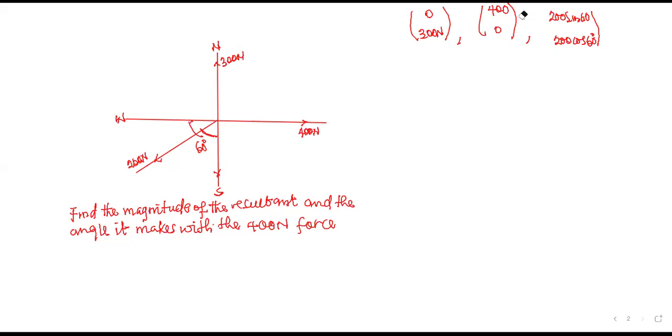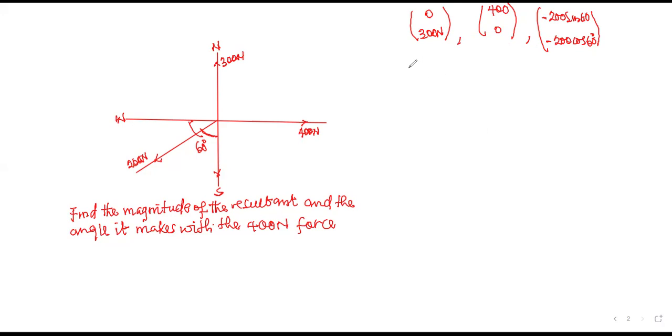Both of them are negative. So minus 200 cos 30 and 200 sine 30.